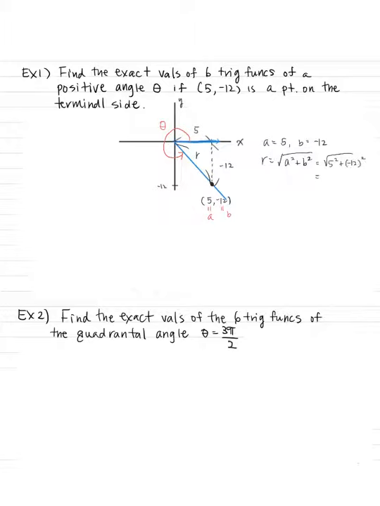So what the heck is that? So that's going to be what? Square root of 25 plus 144 is 169. So looks like this is going to be 13. So our R is 13.